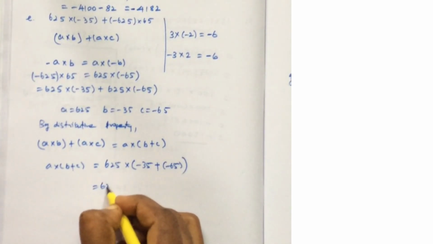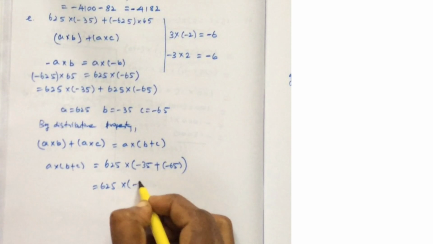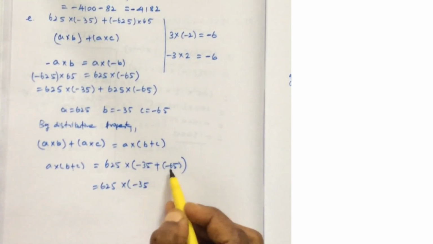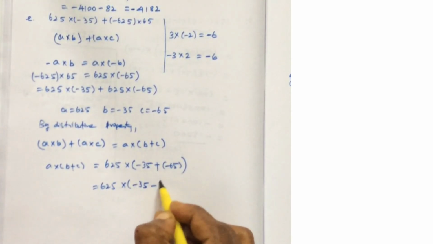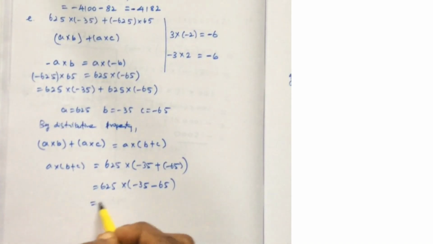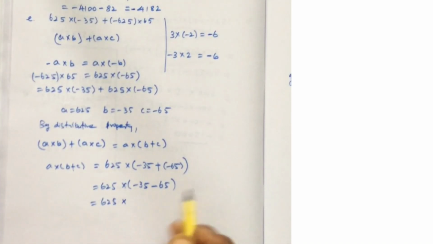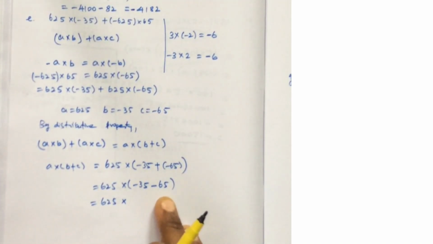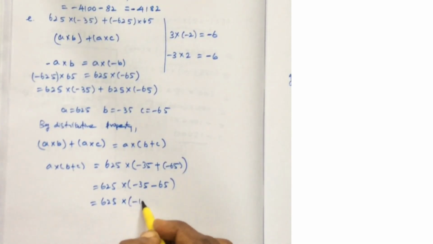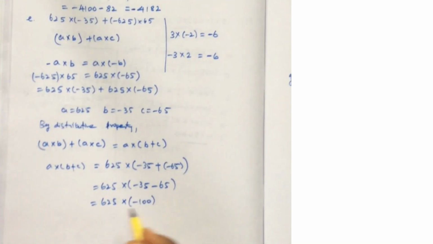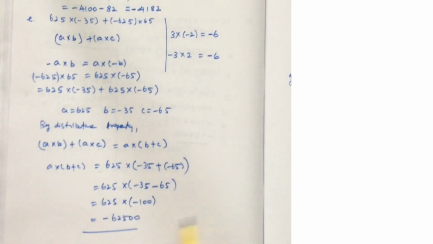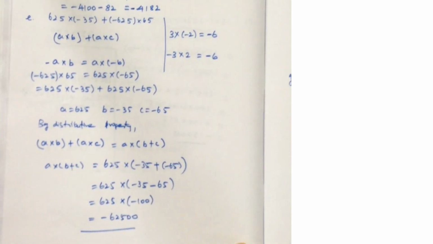That is equal to 625 multiplied by minus 35 plus into minus, minus 65, that is 625 multiplied by, here you have to add 35 plus 65 is 100, that is minus 100, that is minus 62500. Okay, this is how we have to solve.